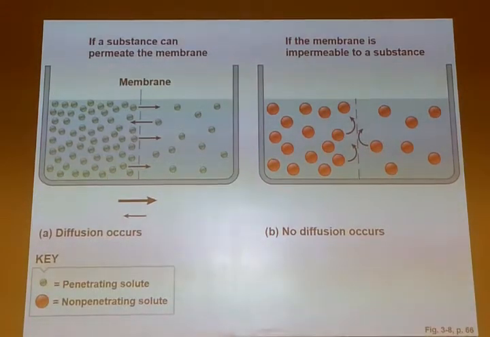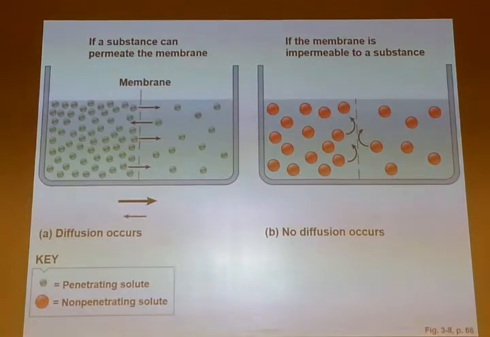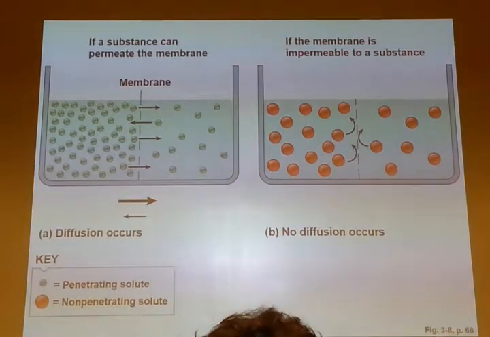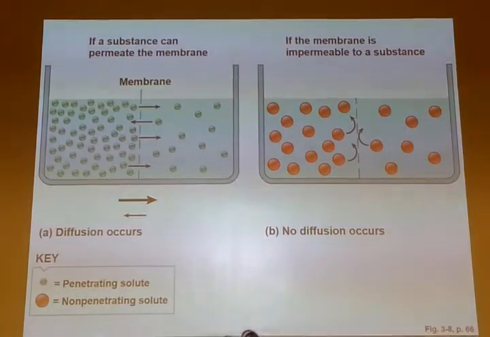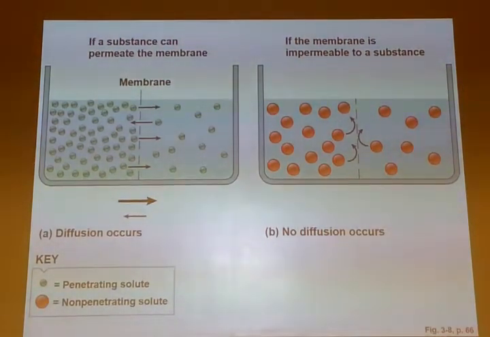Water always moves first. So here it's a little bit incomplete. We've got solute here. What is it in? Water. We've got solute here. What is it in? Water. What's the first thing that's going to move? Water.